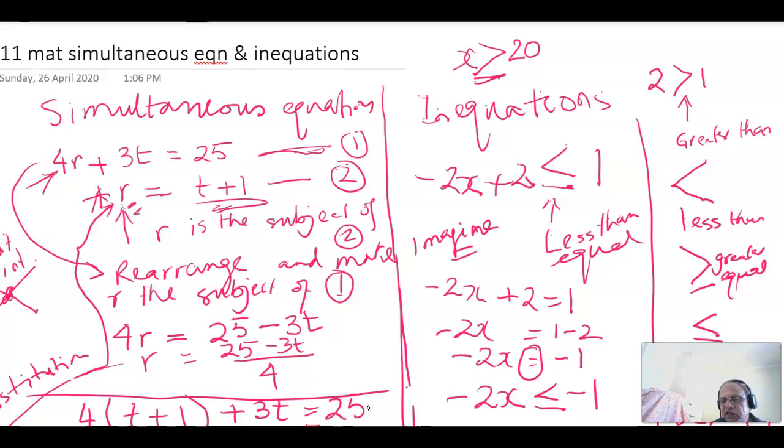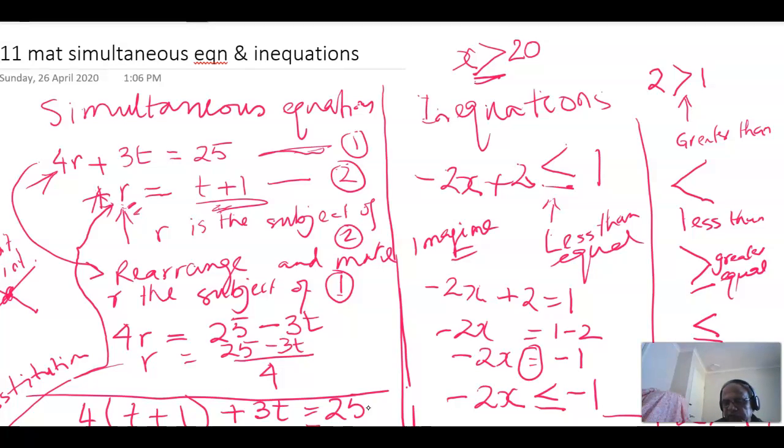So in that kind of situation, you got to reverse the sign. If you multiply both sides by negative 1, you got to reverse the sign.